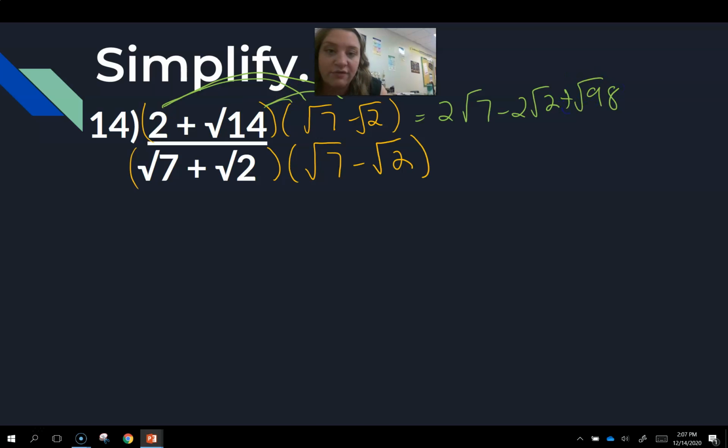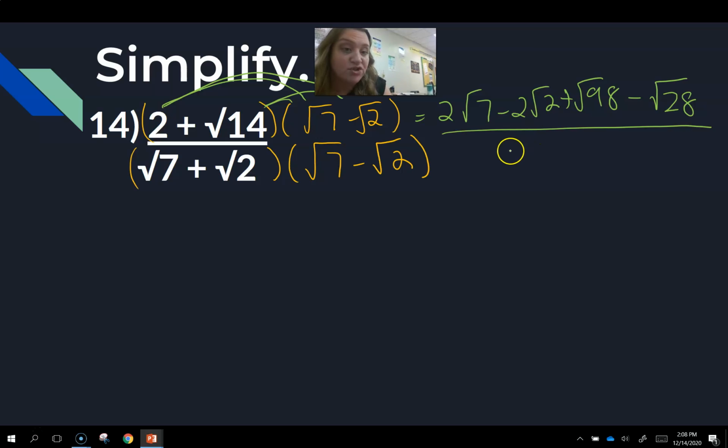And then square root of 14 times negative square root 2 gives me negative square root of 28. All right, my denominator, because I know my trick, square root of 7 plus square root of 2 times square root of 7 minus square root of 2. Shortcut, I know it's going to be 7 minus 2.